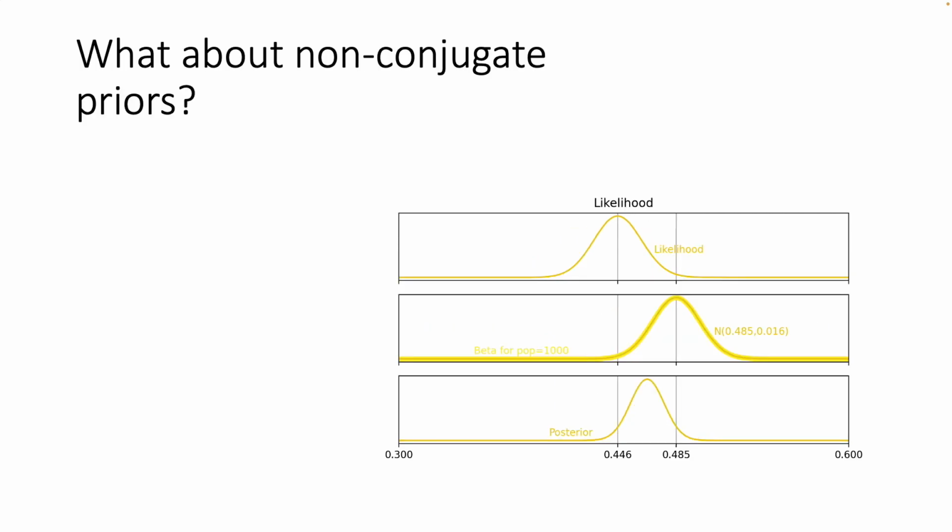And one last slide: what about a non-conjugate prior? What if we use a different prior? Let's say, for example, we use a normal distribution with the same mean and even the same variance, because we can. And as you can see, the results will be identical to beta for population 1000 and the corresponding normal distribution, at least visually.